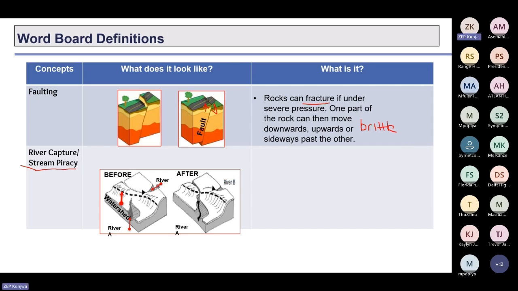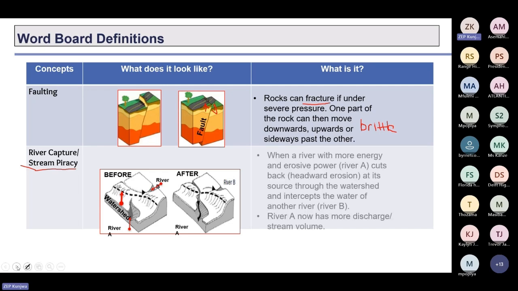This is a process where a more rejuvenated river or a more energetic river steals water from another river. Rejuvenation will cause the other river to be energetic. So when that river is energetic, it will start to erode backwards.